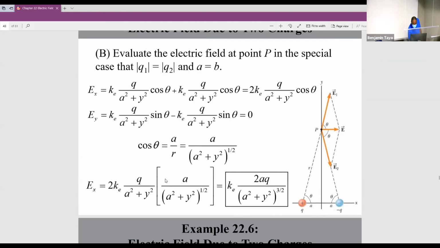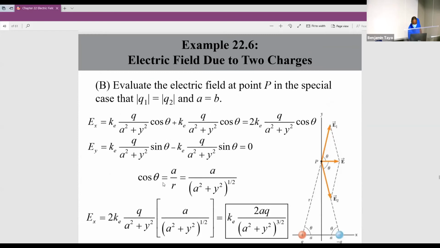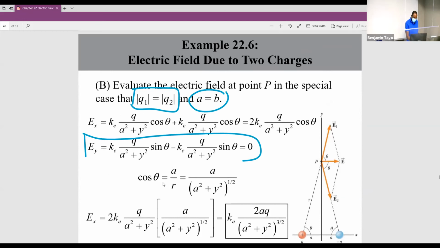Okay, so this is basically the same problem. Now we've just made a simplification where we're saying, what happens if we take the two charges to have the same magnitude and we take the distances to be the same, then everything is going to simplify in such a way that EY is going to be equal to 0.